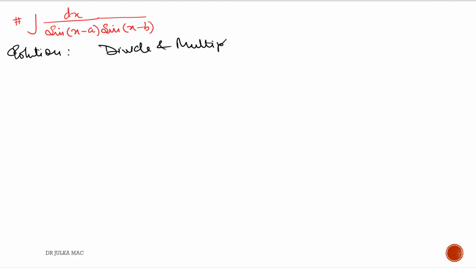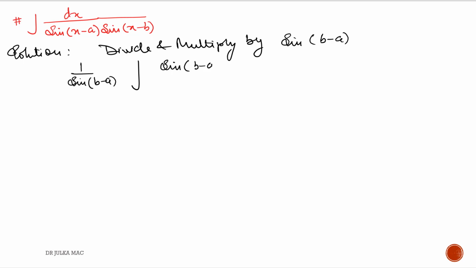Next example. dx divided by sin(x minus a) into sin(x minus b). First we divide and multiply by sin(b minus a). So we take 1 upon sin(b minus a) outside, and in the numerator we take sin(b minus a) dx divided by sin(x minus a) into sin(x minus b).